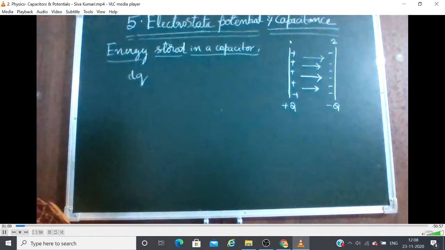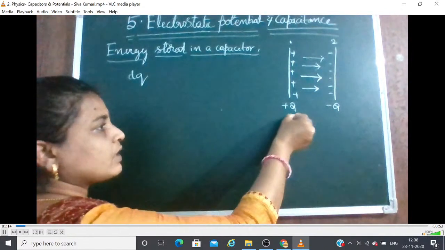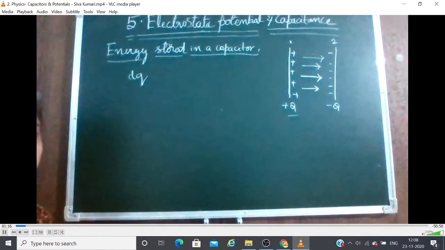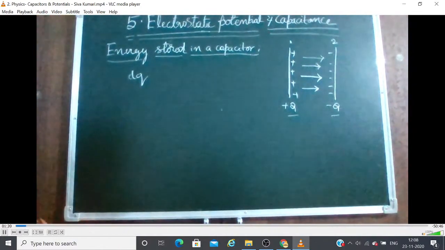Then automatically at a particular stage, conductor 1 will be at a higher potential and conductor 2 will be at a lower potential.